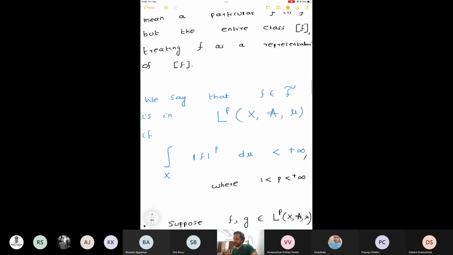How do you define Lp? Integral over X of mod f power p d mu is finite. So you cannot talk about integral over X of mod f power infinity d mu is finite. So definitely, if I want to include p equal to infinity, I cannot use this definition. Is that clear?